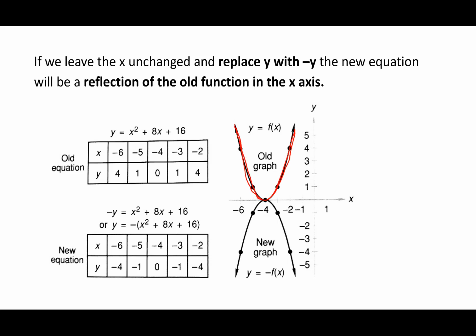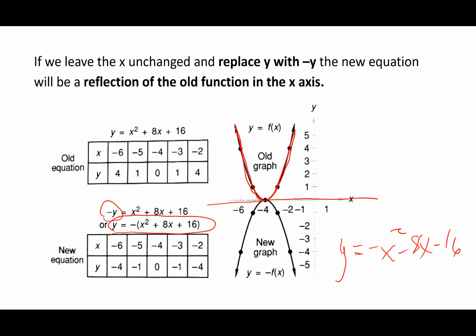If you want to reflect it down across the x-axis, then you would change y to negative y, which means that when you finally write the final equation, you're going to multiply both sides by -1 so that you'll have y equals something, because we always write a function as y equals something. I mean, most of the time we do. And in the end, that one down here will be y equals negative x squared minus 8x minus 16.